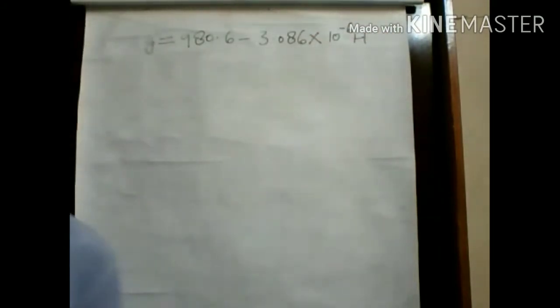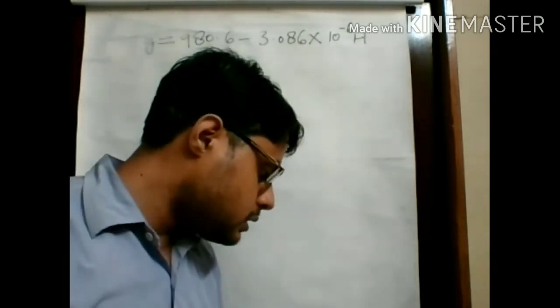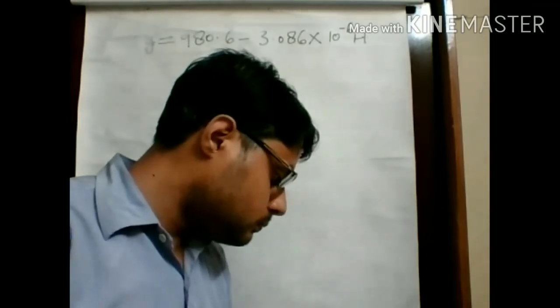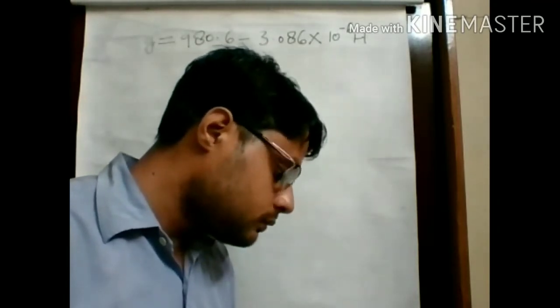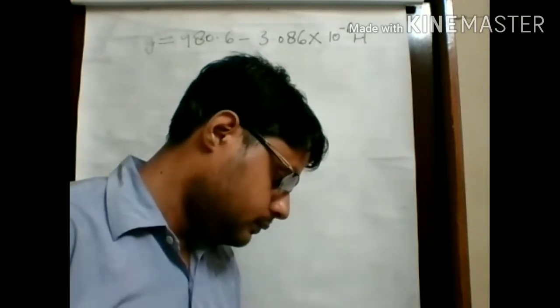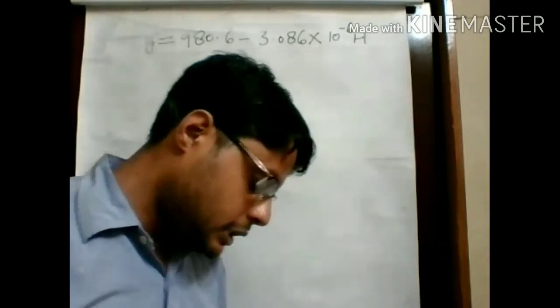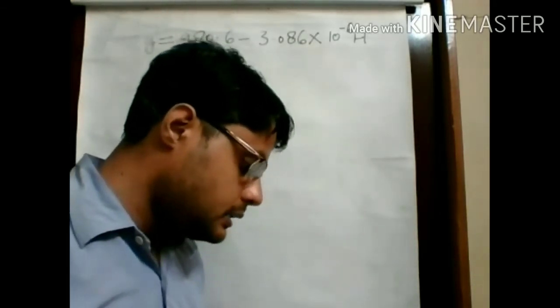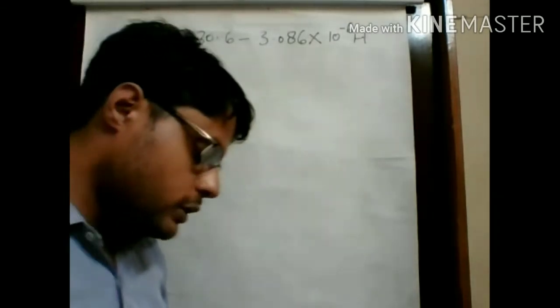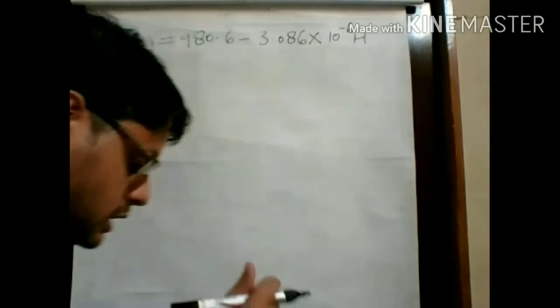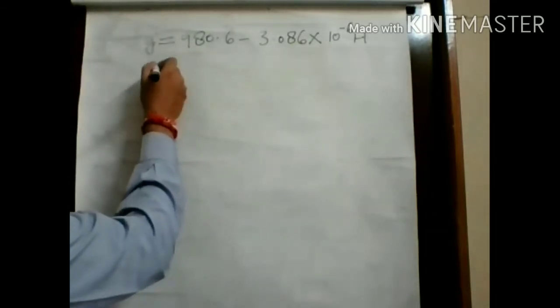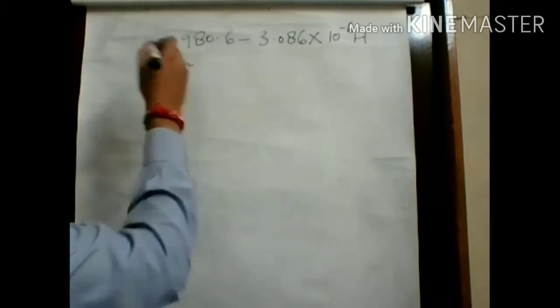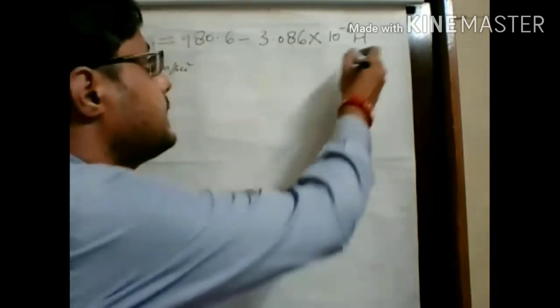Okay, so in the problem, the question is asking that the acceleration of gravity is given as a function of elevation above sea level by g equals 980.6 minus 3.086 into 10 to the power minus 6 h, where g is in centimeter per second square and h is in centimeter.